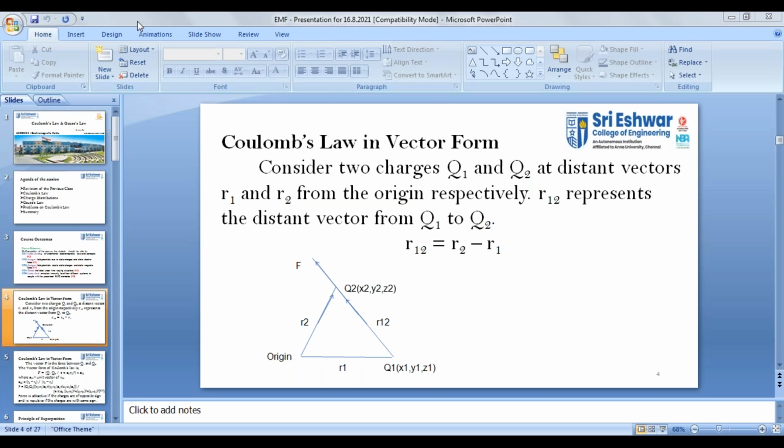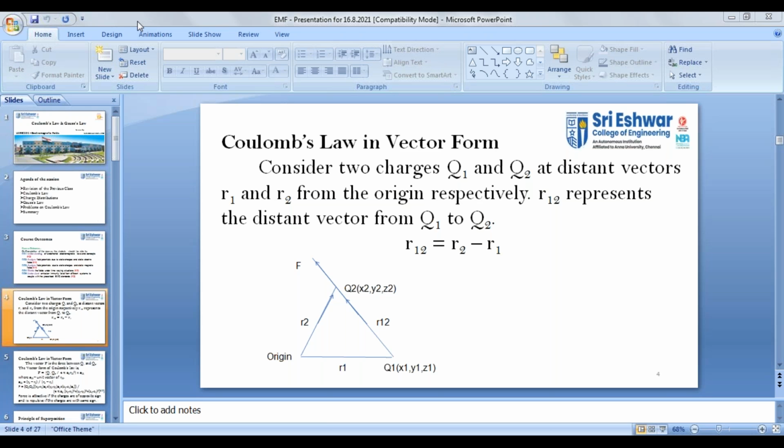From the origin, at a distance of R1, Q1 whose coordinates are x1, y1, z1 is placed, and at a distance of R2, another point charge Q2 whose coordinates are x2, y2, z2 is also placed.